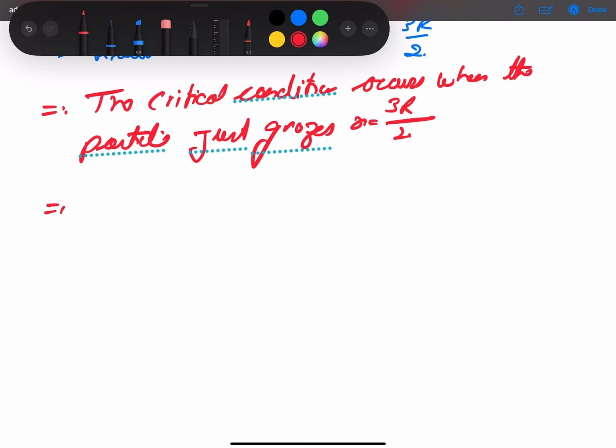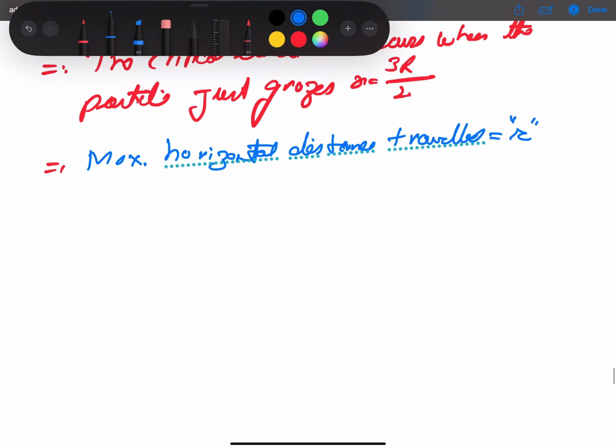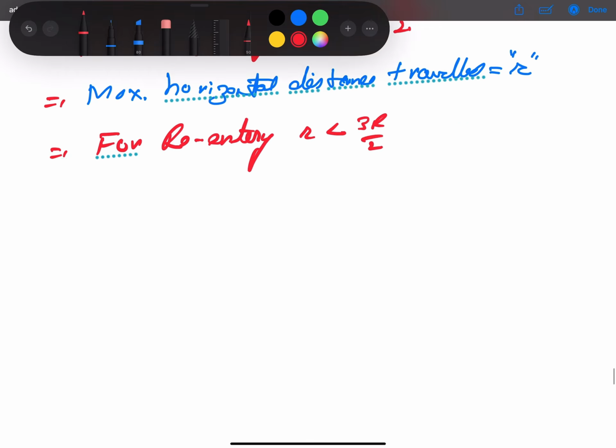So the maximum horizontal distance traveled will be equal to the radius. And for re-entry, this radius should be less than 3r/2 for re-entry into region 1.